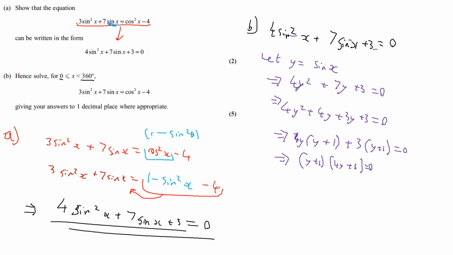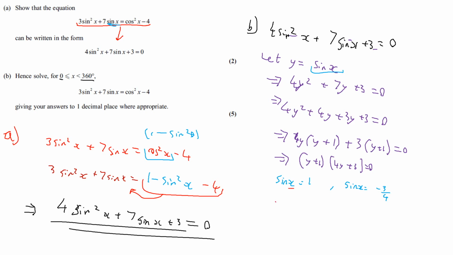This means that if we sub in sine x, we get sine x is equal to negative 1 and sine x is equal to negative 3/4. Now all we need to do is work out what x is equal to.